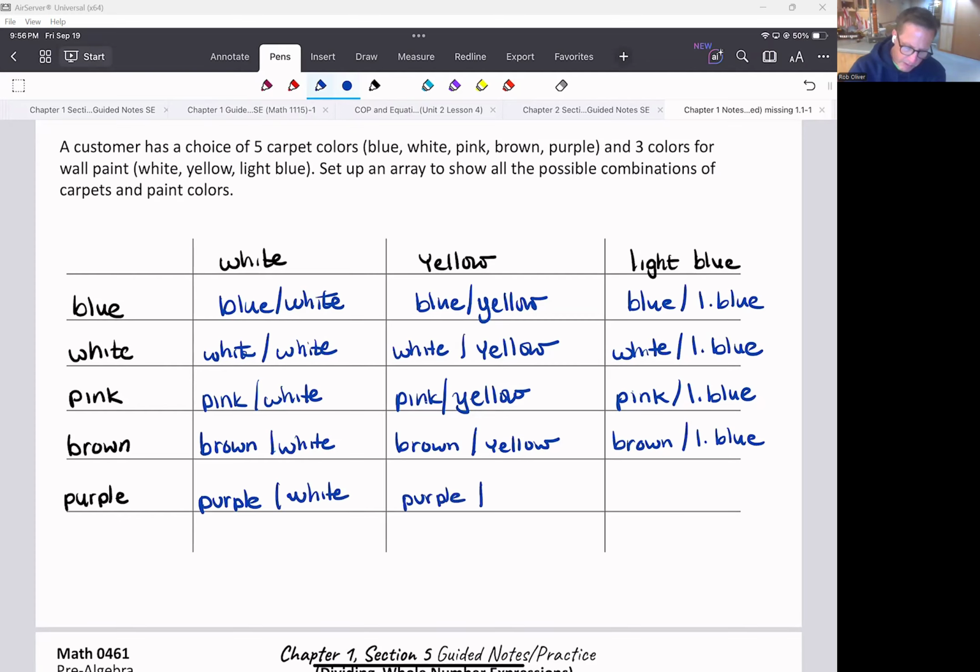Purple with yellow paint. I don't think that matches very well. Or maybe it does. I don't know. I'm not good with color combinations. All right, purple and light blue. All right, that does it. Okay, that does it for section 4.